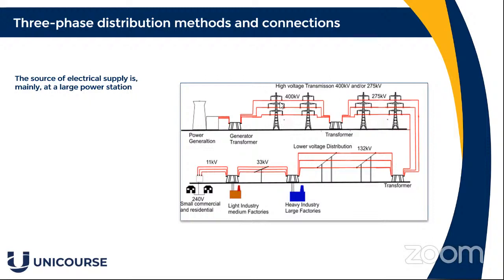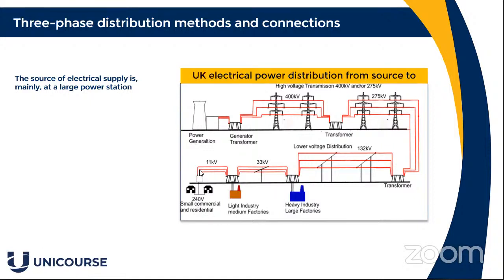Usually it's mainly what we see here from the national grid, these pylons, and then it's dropped down, and then it goes along again to a certain area, eventually dropping down again to 11 kV, after it's been at 400 kV down to 33, and then we get it dropping down even further to 240 volts, and then we have 110 depending on if it's for residential, domestic, light industry or heavy industry. So that is a picture which is important for you to review. If you're using anything like this in your assignment, you must annotate it and put your own words around it.